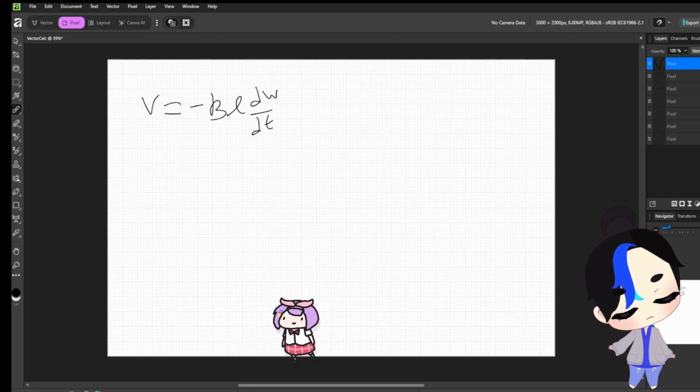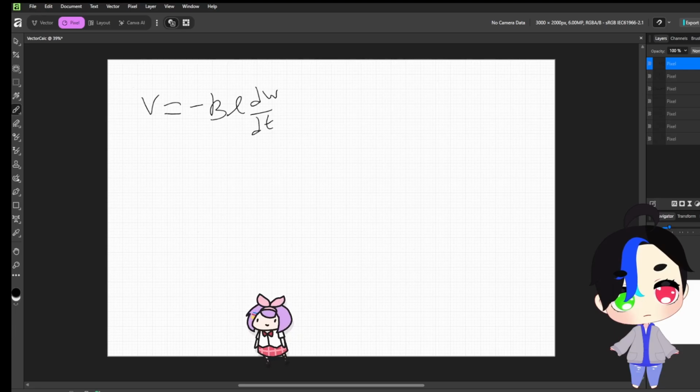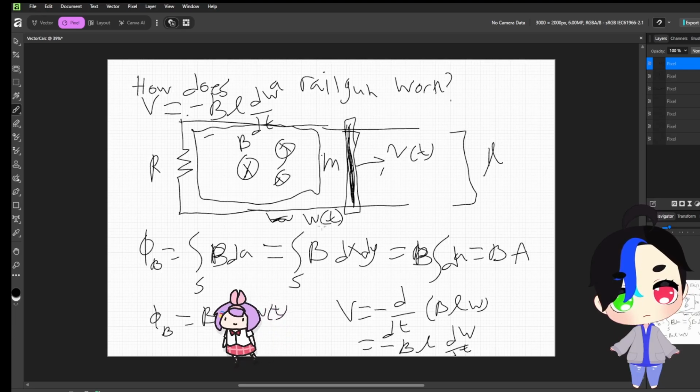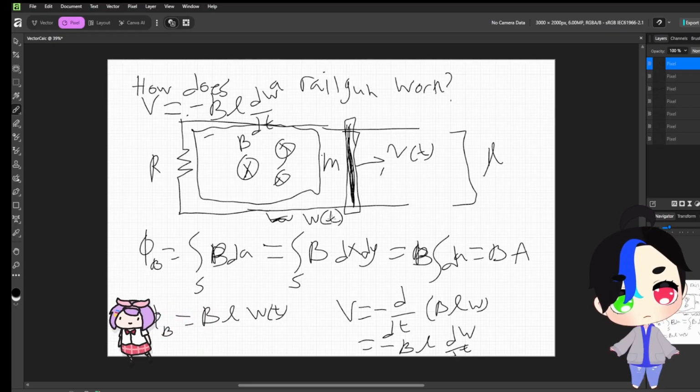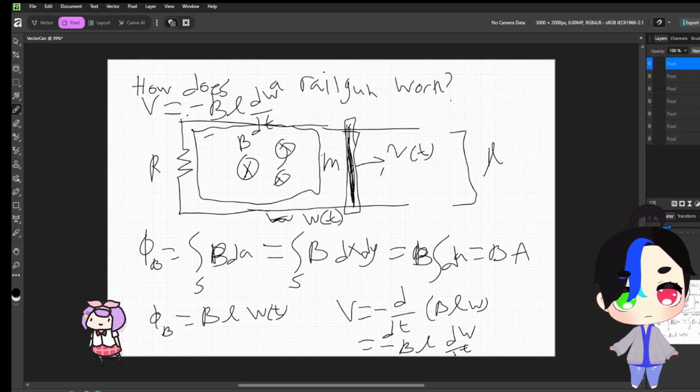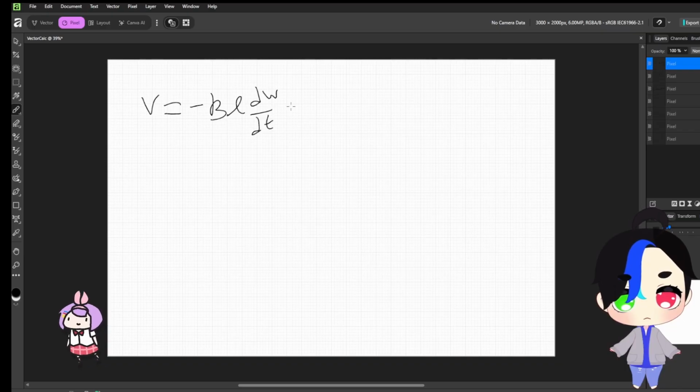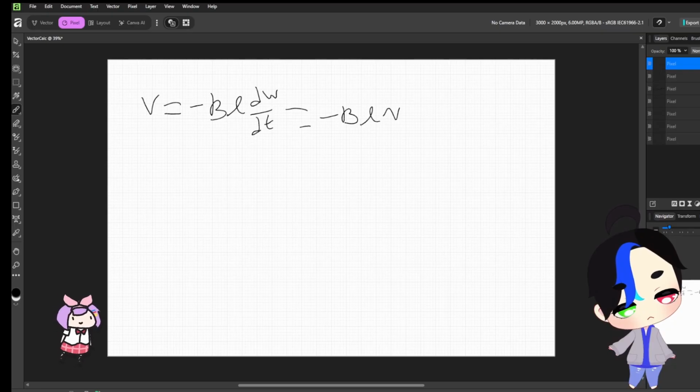If we go back to our diagram, the change of this distance with respect to time is just the velocity. Change of position over time is velocity. So this equals negative B times L times your velocity. Cool.